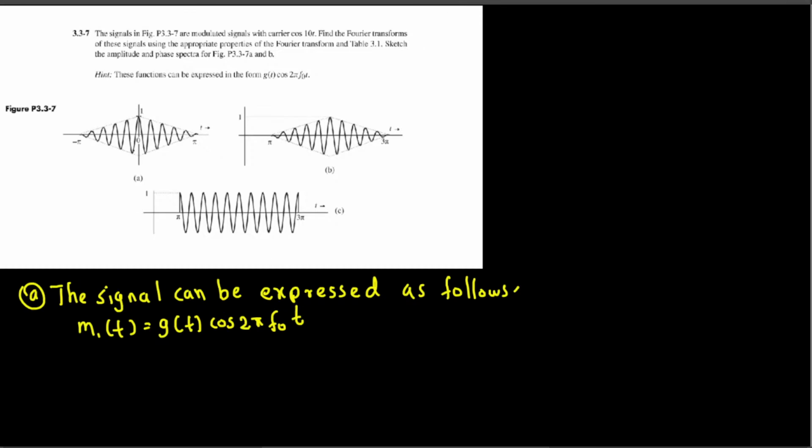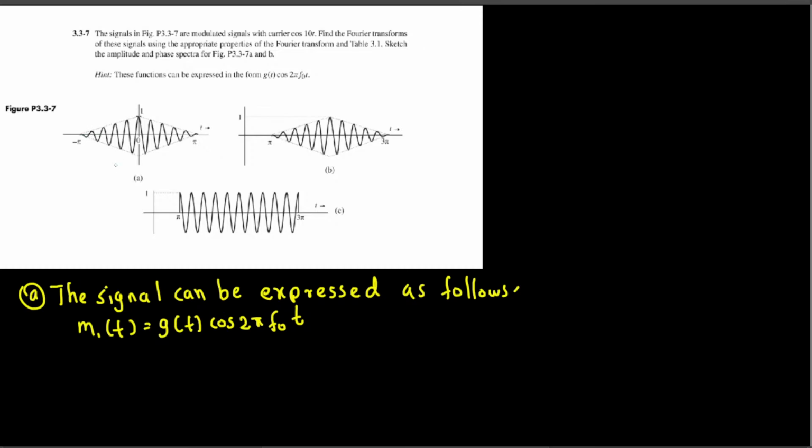First we have to look at the given diagram and see how many periods we have. A period is one full cycle.